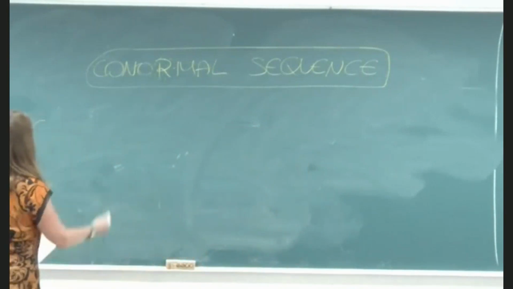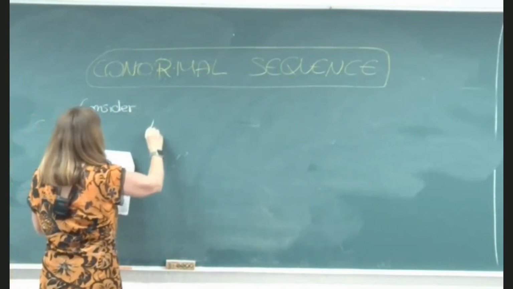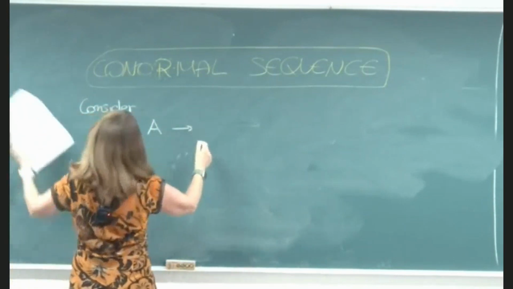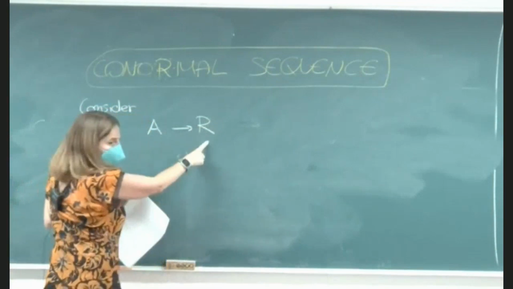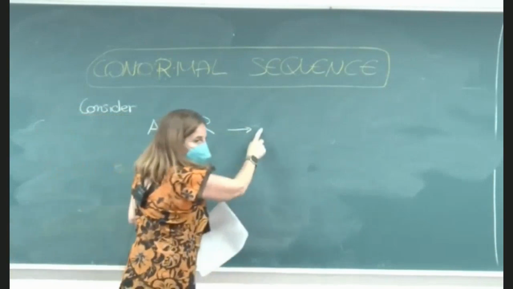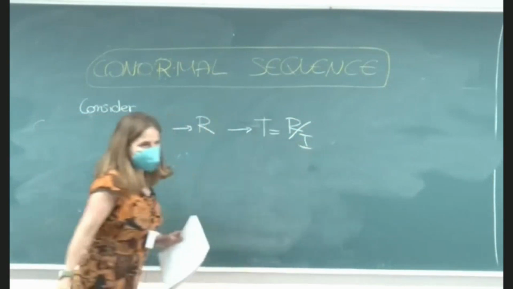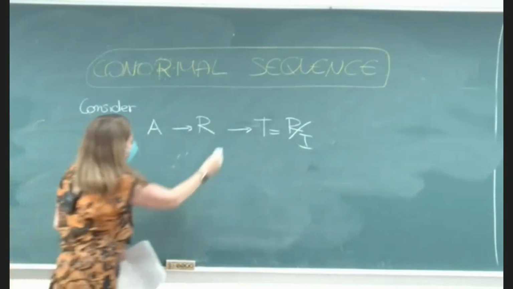So we consider the following maps, like here, where we had 3 maps. A goes to R, and so R is my B there, and the new R is going to be T, which is actually R mod I. So if you want, this map is surjective.